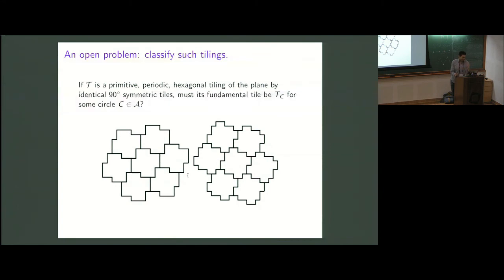And it'd be interesting to know if these are all of them. For each circle in the circle packing, there's a tiling with these properties. They're kind of hard properties, because hexagonal means you have to touch 6 neighboring tiles, but each tile has to be 90-degree symmetric. Kind of a weird combination of symmetries. So maybe these are all such tilings, and that would be fun to prove if it's true.